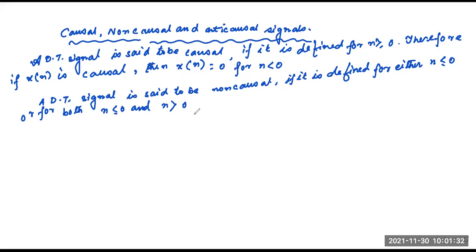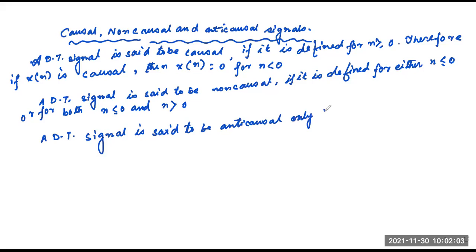Okay. And a DT signal is said to be anti-causal only for n less than or equal to 0.